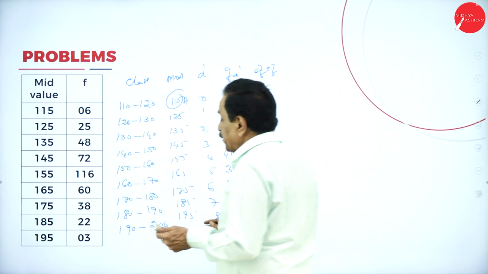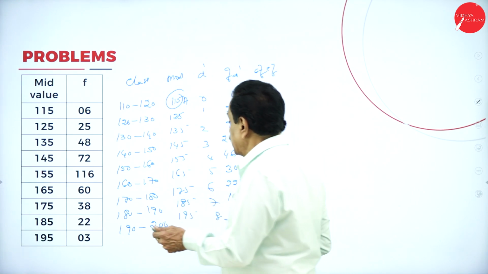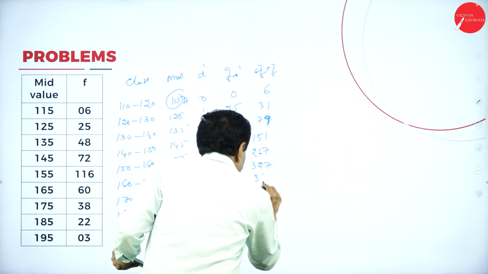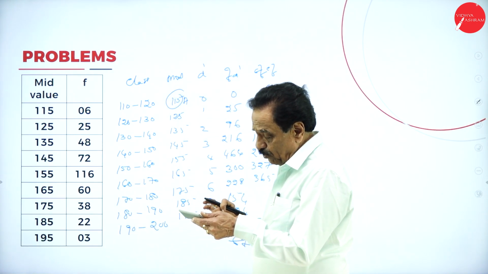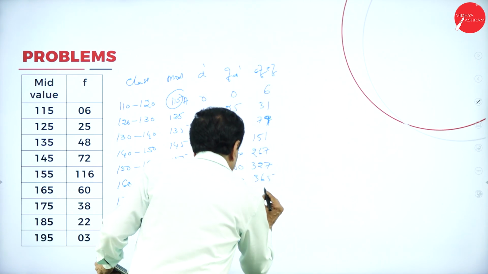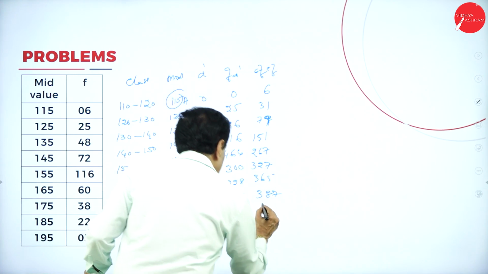327 plus 38 is 365. 365 plus 22 is 387. 387 plus 3 is 390.